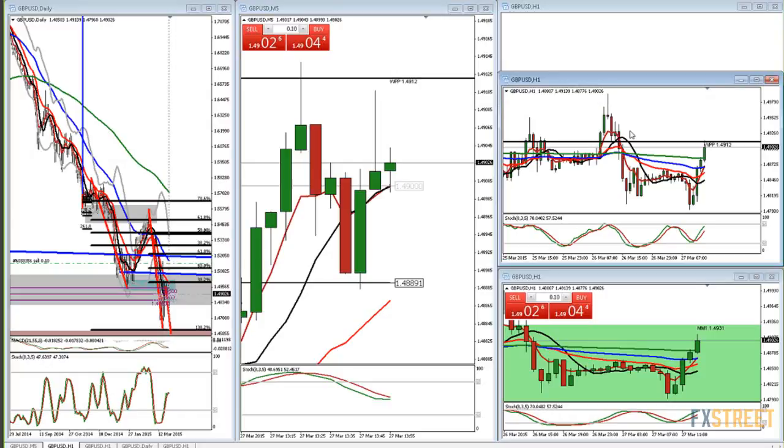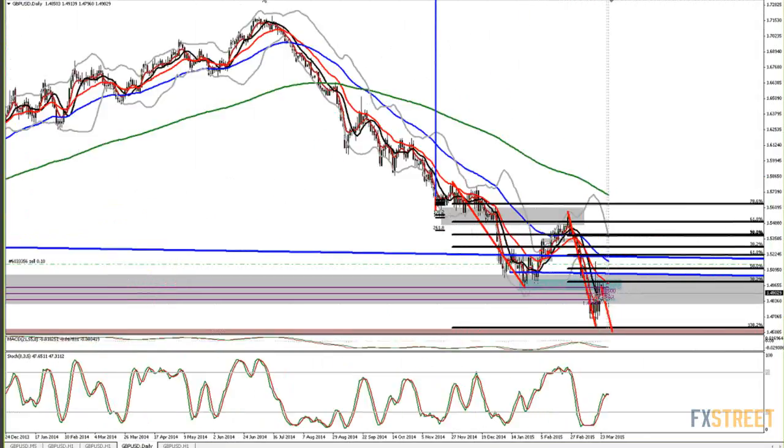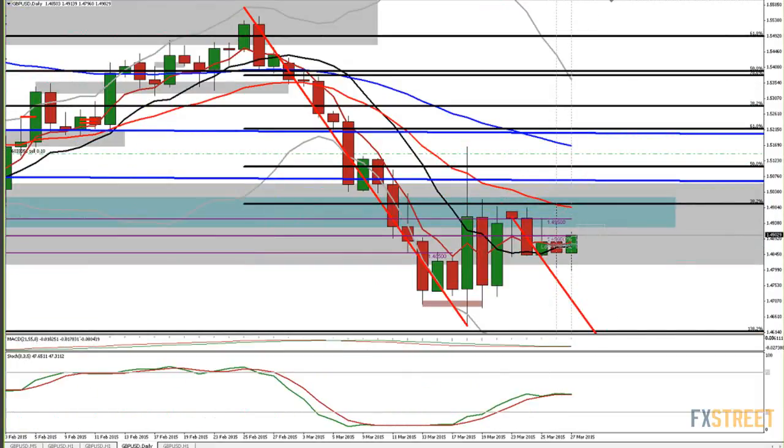All right, so I don't know what more to say about the British pound. It's just this trade has been set up for a month or two now. The first short here we did at Trader's Way. This was sell at 155.55.